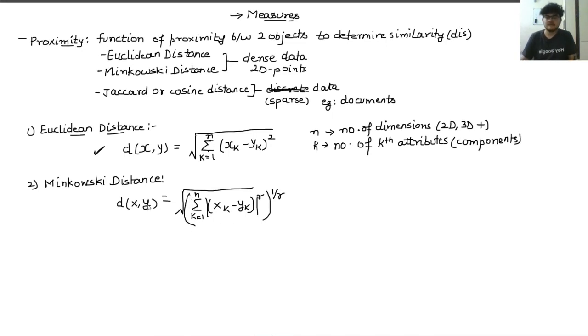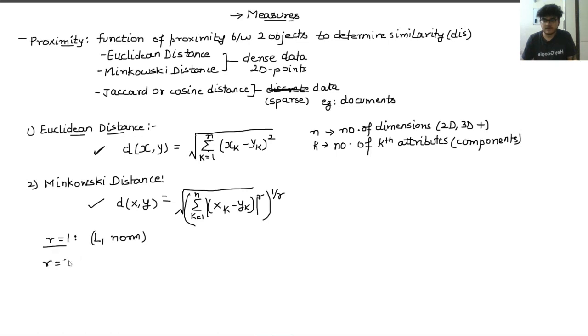So this is the distance which was given by Minkowski. If you put different values of r in here, you will be able to find out that you will get the Euclidean distance. So let's put the value of r equals 1. If you put r equals 1, it is most commonly known as L1 norm, because the value of r is 1, so we call it L1 norm.